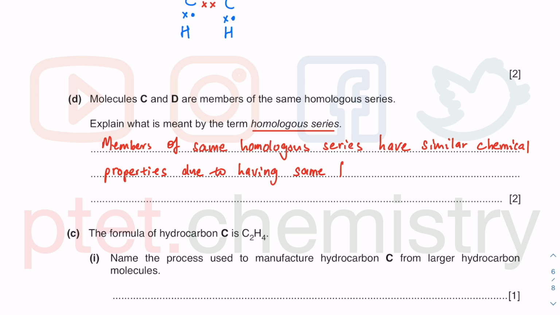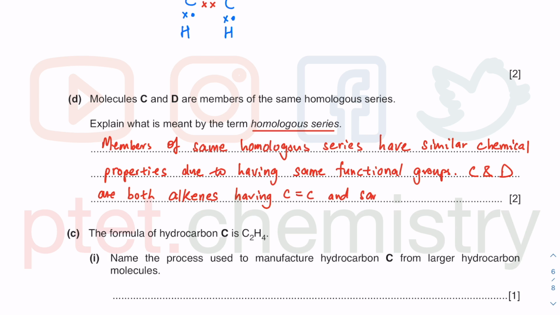So for example, C and D are both alkenes, having a carbon-carbon double bond and the same general formula.